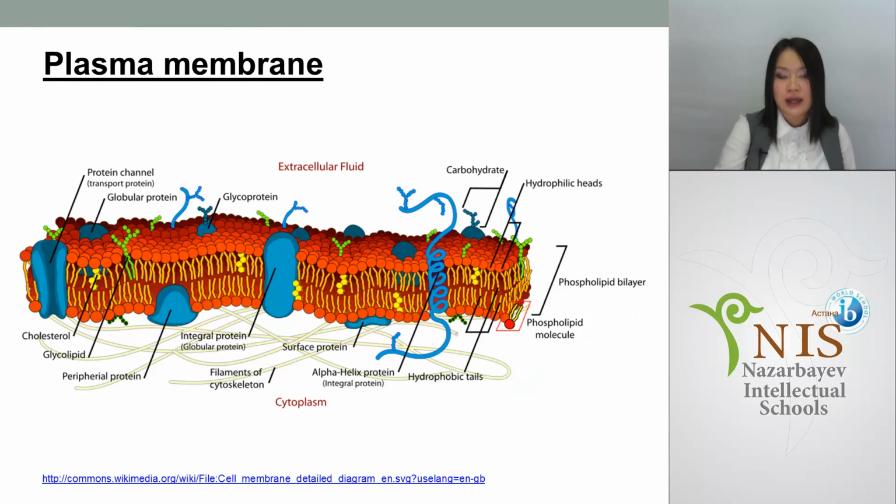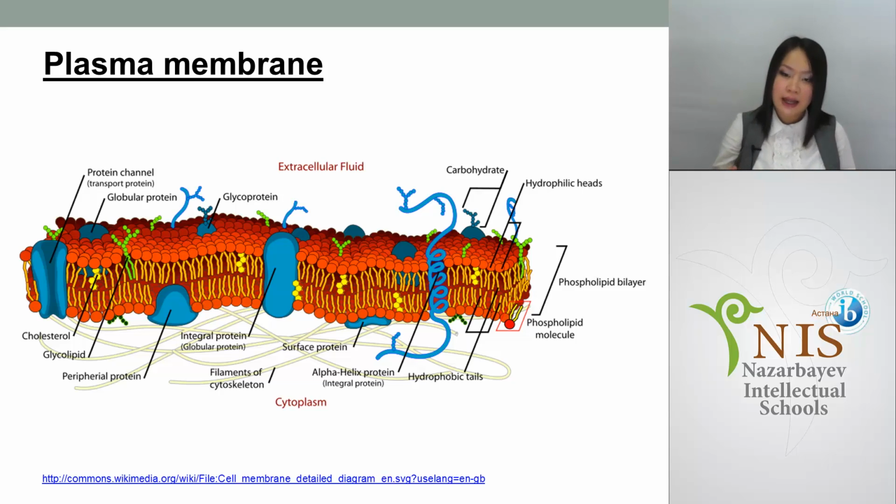If you look at the structure of that, scientists call this model the fluid mosaic model, because it is fluid. It's clear, I think. And mosaic because it has a structure which connects different tiny parts together.